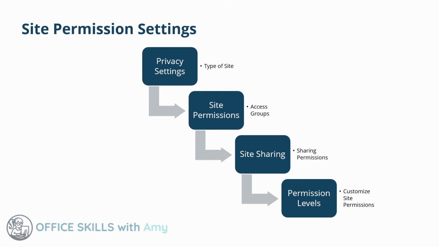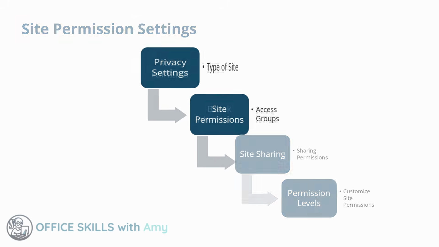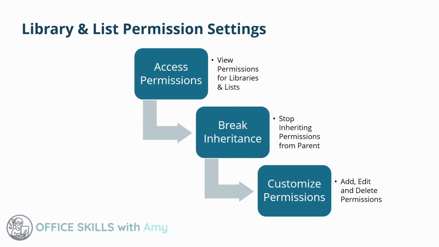And a quick overview of what we'll cover today is that for the site permission settings, which is the biggest, broadest settings, we'll look at the privacy settings, the site permissions, site sharing, as well as the different permission levels within that site. Then at the library and list permission level, we will take a look at how we can access those permissions.